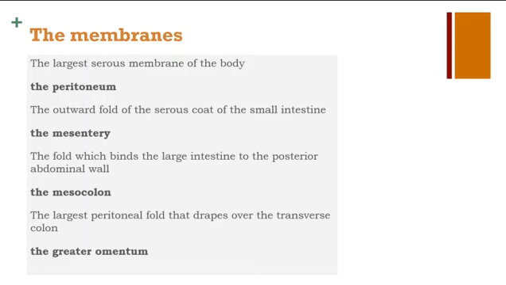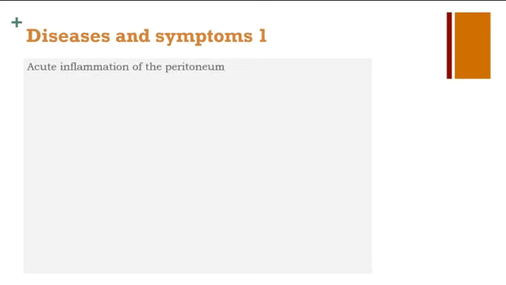Now, let's have a look at the symptoms and diseases. The acute inflammation of the peritoneum is called peritonitis. The accumulation of serous fluid is called ascites.